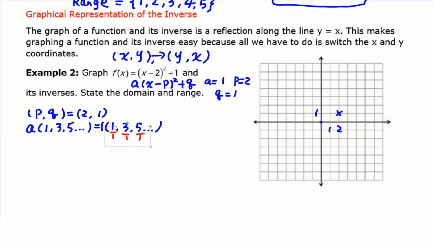So it is right 1, up 1. From this point, right 1, up 1. And the next point, the slope is 3 over 1, so it's up 3, right 1. Then it's symmetric, so left one up 1, left one up 3. Then this is the function f at x.